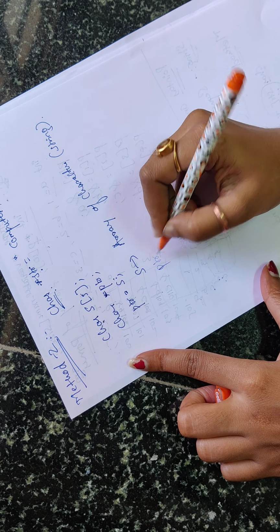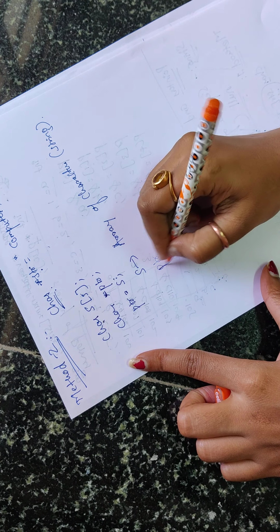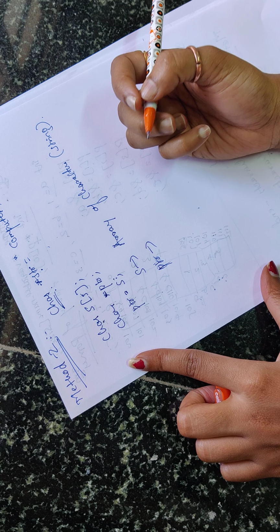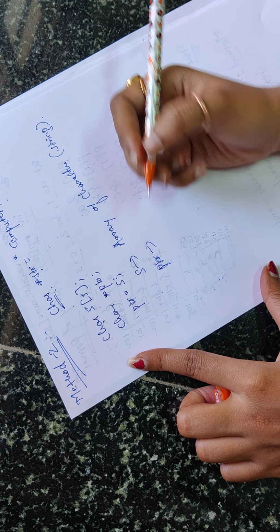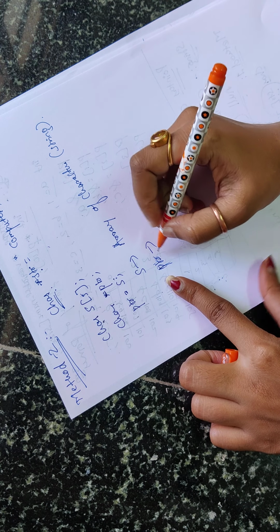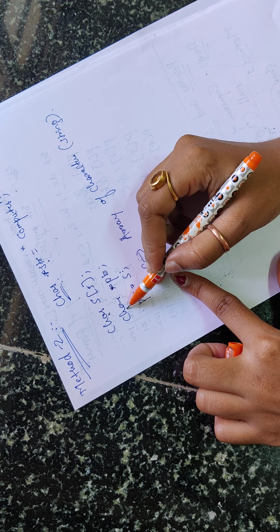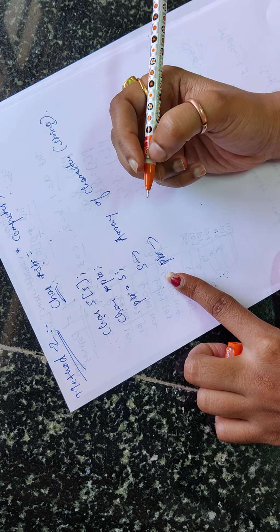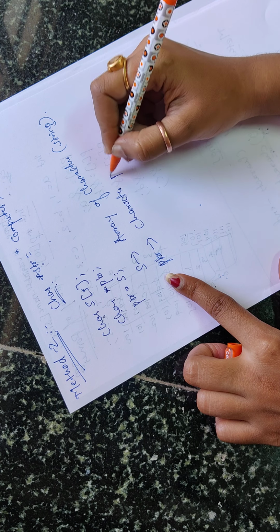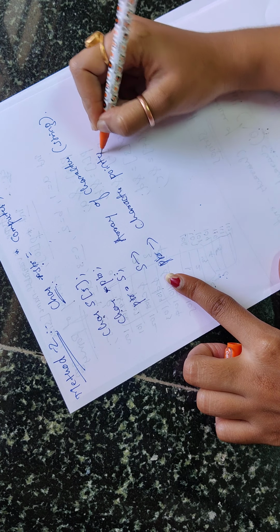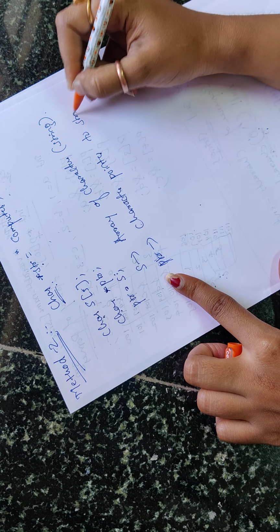So what do you mean by ptr? ptr is nothing but a pointer, but which type of pointer? It is a character pointer, which is used with the string.